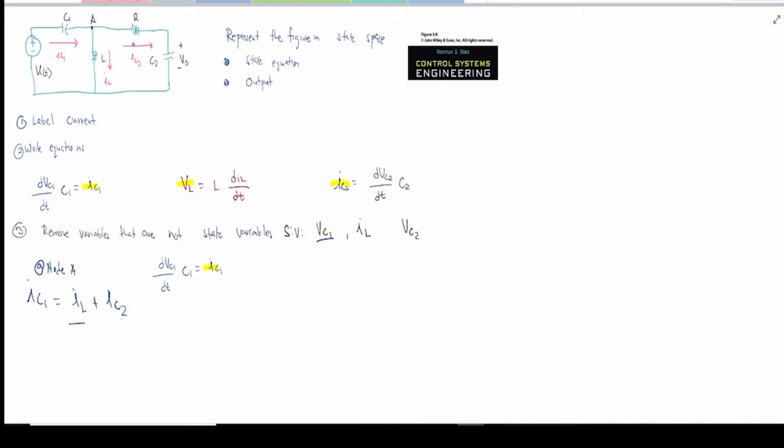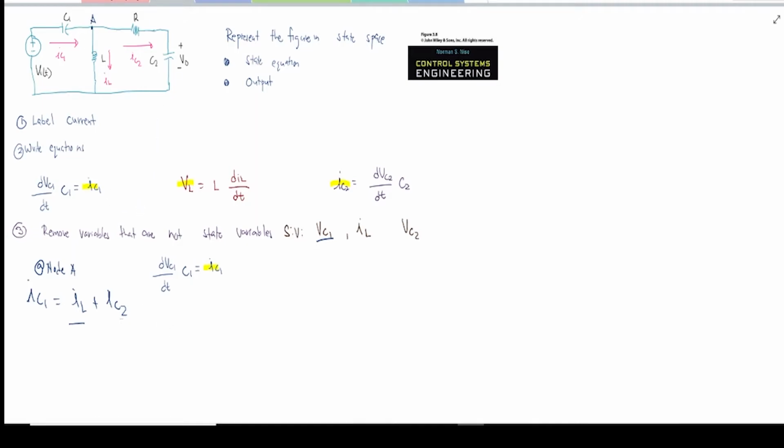And then VR is not a state variable. However, we could make something out of this because we are looking for a substitute for IC2. And then VC2 is a state variable. So we're working with roughly 90% of this as state variables.